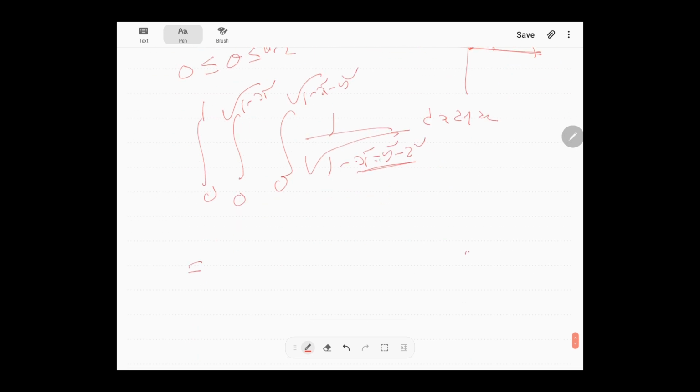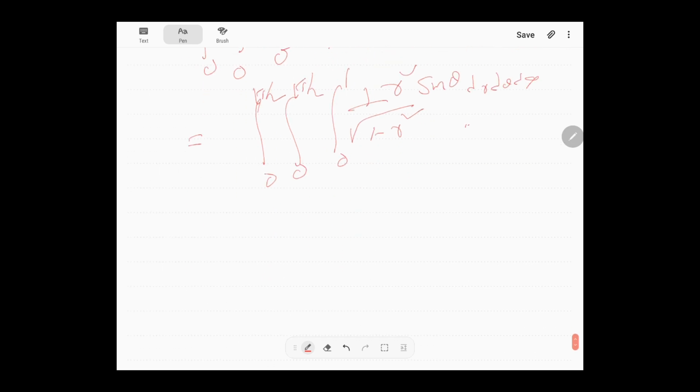Therefore, we should not put x square plus y square plus z square equal to 1 here. Okay. Now, r values 0 to 1, 0 to pi by 2, this is also 0 to pi by 2, 1 by root 1 minus r square, and dx dy dz is r square sine theta dr d theta d phi. So integration 0 to pi by 2.